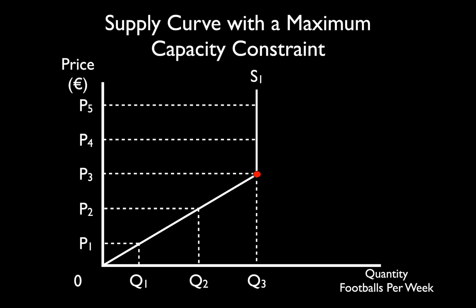But let's just talk about trying to show the relationship between price and quantity supplied. You could draw this diagram and say below P3, as price increases, quantity supplied increases. Above P3, as price increases, quantity supplied does not change.